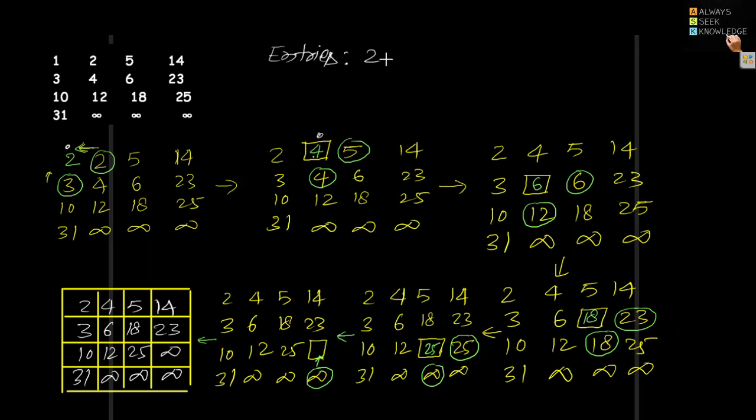Then this place we make 4, so the second entry we made is 4. Then this place we filled with 6, so we have made entry 6. Then this place we have filled with 18, so this entry is 18. Then this place we have filled with 25.